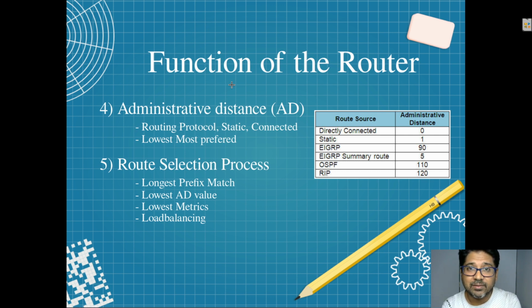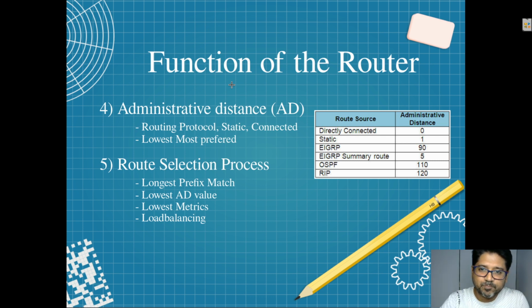It's installed by RIP, it's installed by the static route, it's installed by EIGRP, it's installed by OSPF, and they will prefer one routing protocol over the other by the integer value defined by the administrative distance. So it's a predefined AD value.